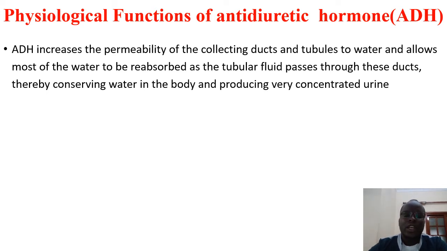So when ADH goes and binds to ADH receptors, the V2 receptors, it is going to activate the G protein, and that G protein will activate enzymes like adenylyl cyclase and phospholipase C. We all know that. The adenylyl cyclase enzyme will convert ATP into cyclic AMP.